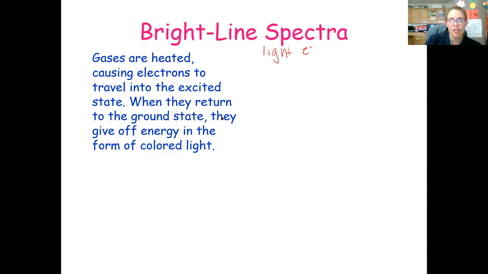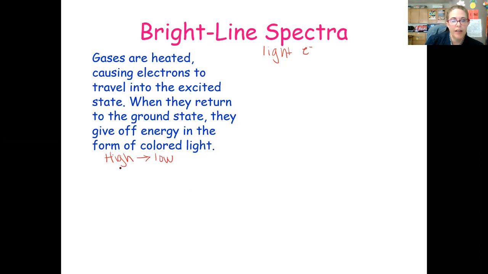So when they return to the ground state, what goes up must come down. Add energy to go to the excited state, release energy to go down to the ground state. And then when they go back down, they release that energy in the form of colored light. Every element has a unique color, or a unique bright line spectrum. Remember, everything in the universe is really some sort of high to low phenomenon.